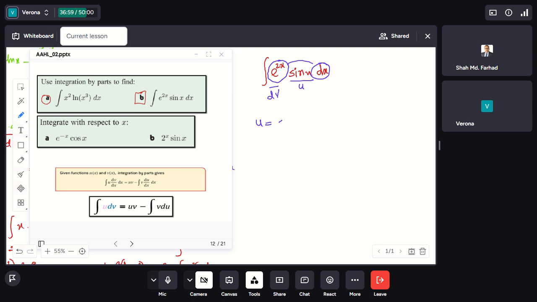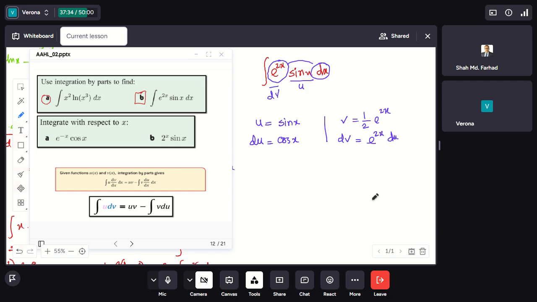Okay, u is sine x, so du is cosine x, and then we have to find out v, where dv equals e to x dx. So what will be v here? 1 over 2 e to x, right?